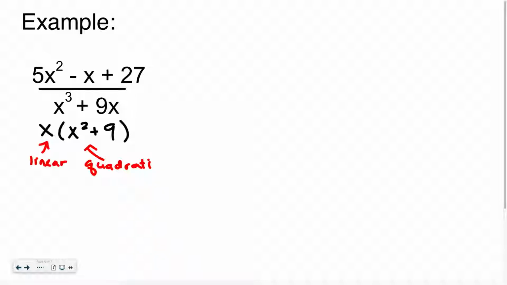Can you see the difference between this one and the last one where the square was on the outside, so it was a repeated factor? And now the square is on the inside with my x. It can't be factored anymore. So it is a quadratic factor. Okay. So that means when I do my decomposition, the linear factor will have a numerator that's a constant. So I could do like a over x.